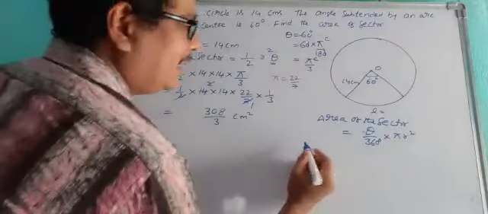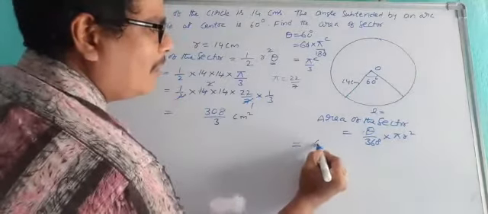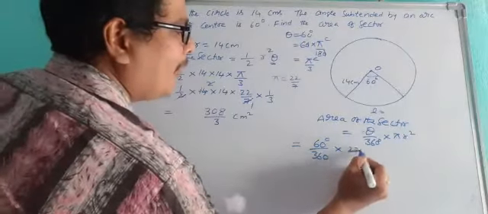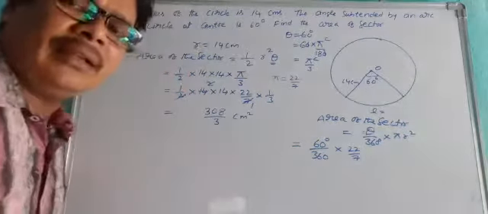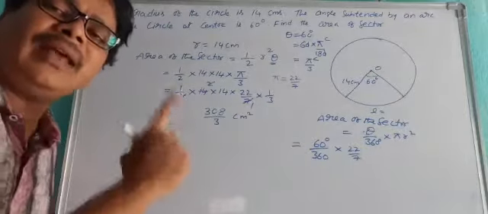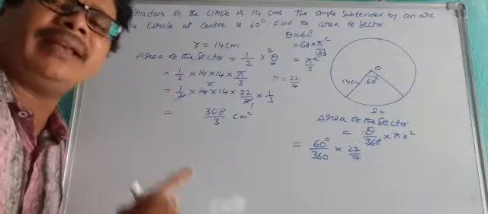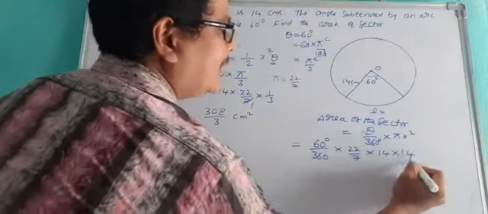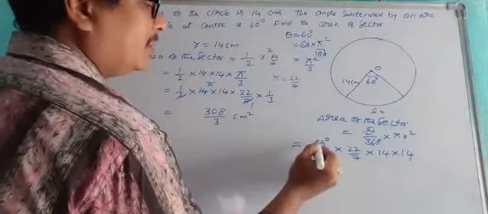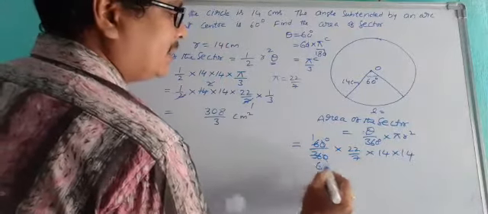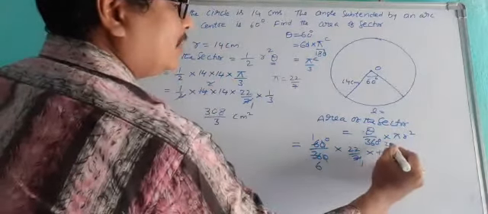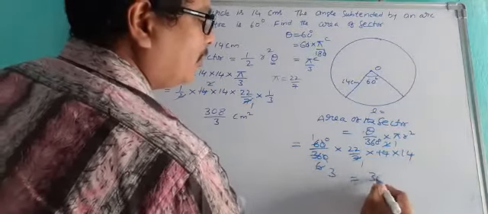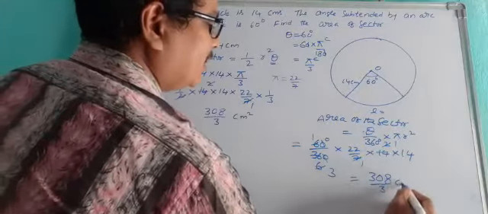With the help of degrees, theta equal to how much? 60 by 360 into pi, which means 22 by 7. In geometry, you should use the value of pi equal to 22 by 7. Into r square, which means 14 into 14. 0 0 cancel. 6 ones are 6, 6 are 36. 7 ones are 7, 7 twos are 14. 2 ones are 2, 3 threes are 9. 22 into 14 equals 308 by 3 centimeters square.